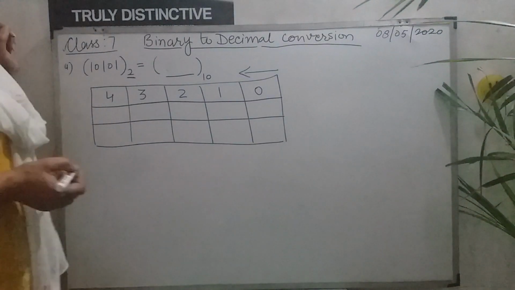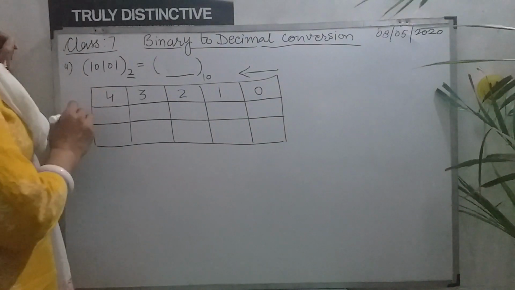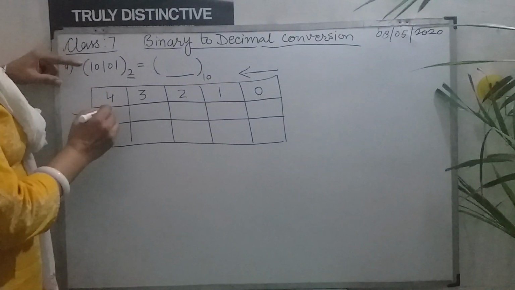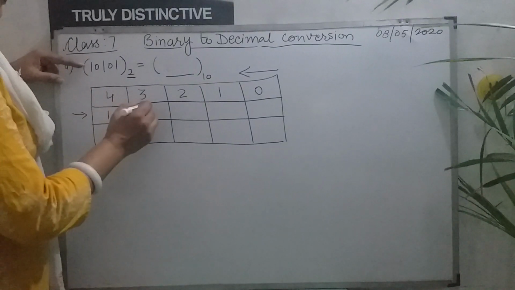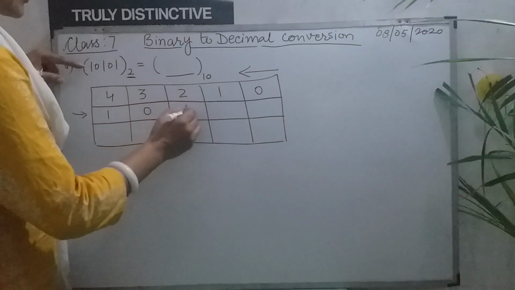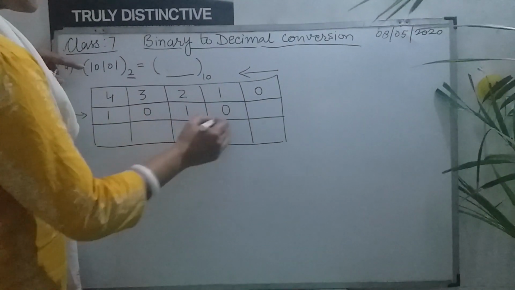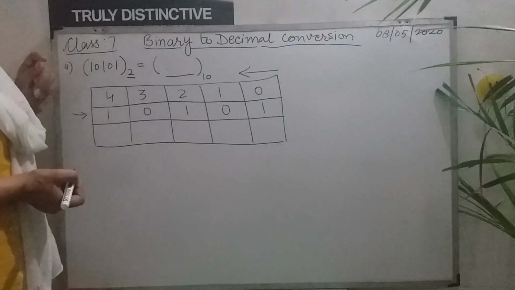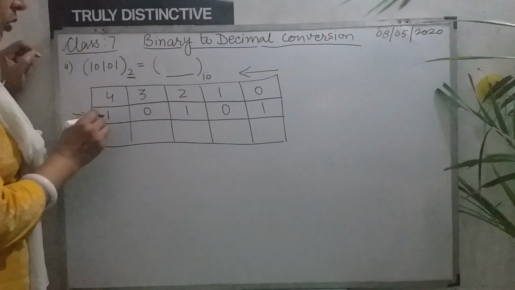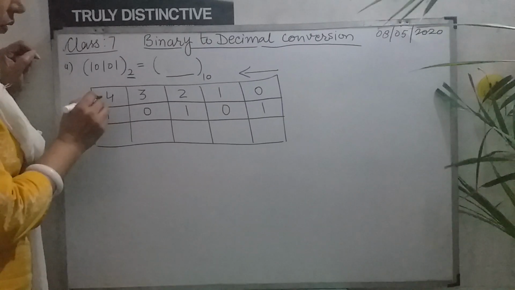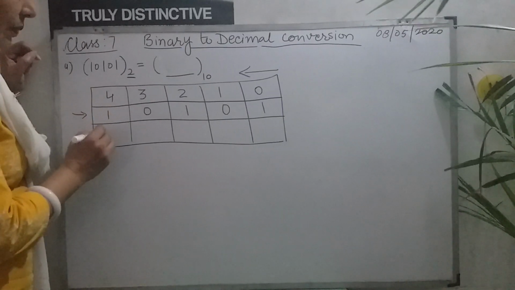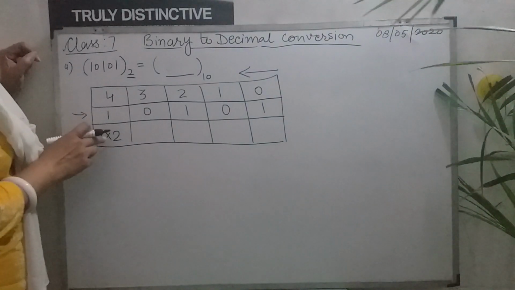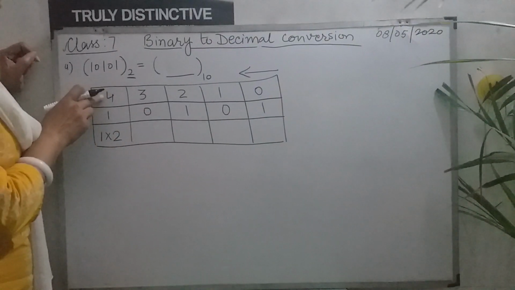Now in the second row, from left to right, you will write the binary number. The first digit is 1, second is 0, next is 1, next is 0 and the last one is 1. Now what you have to do? Note down the digit, not the column number, and multiply this digit by 2, and the power of 2 will be the column number.